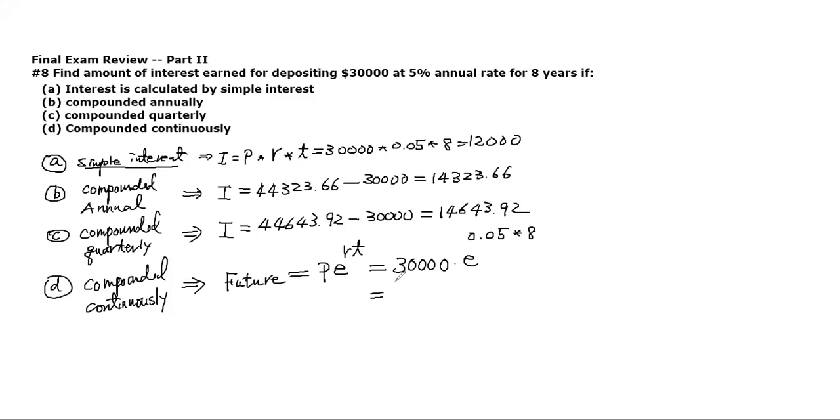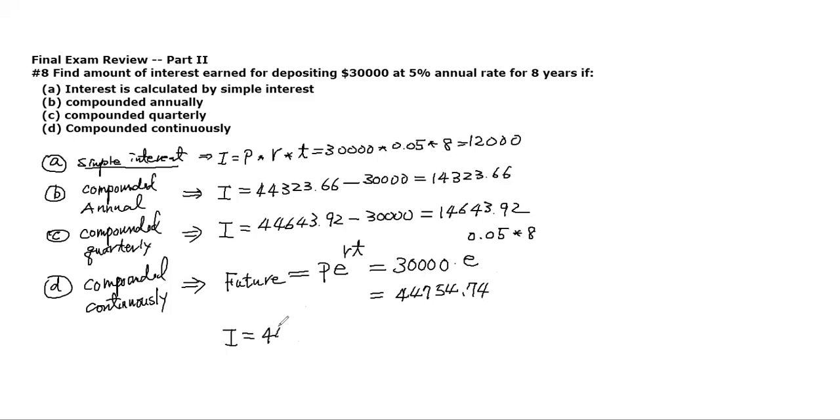So you will get 44754.74 here, right? Okay, so now the same way, the interest will just be your future value minus your principal.